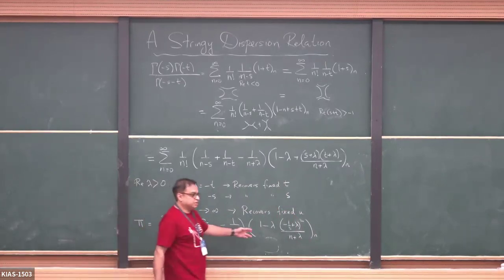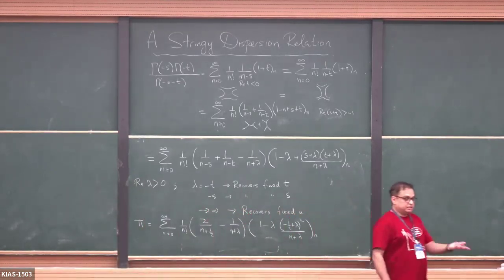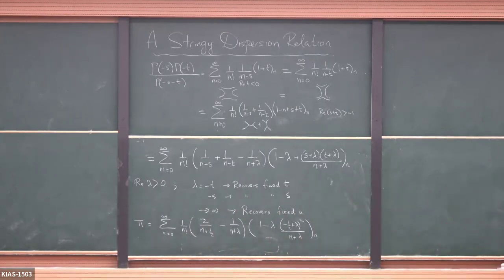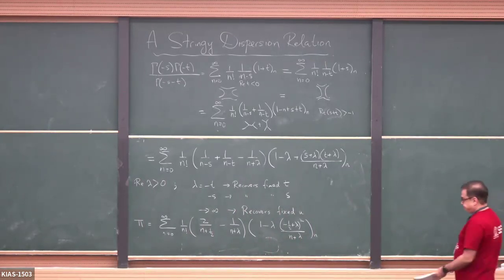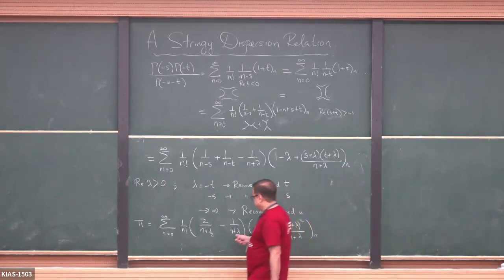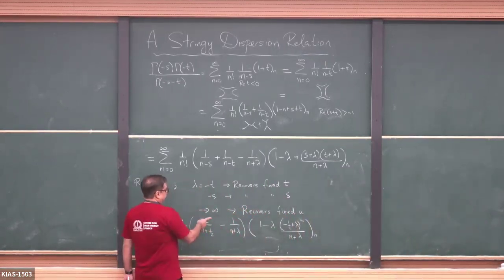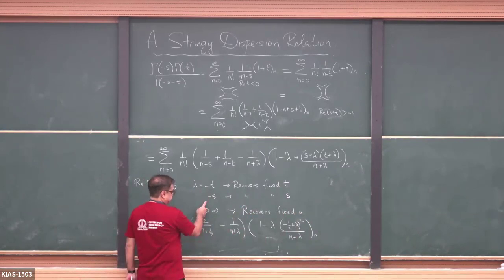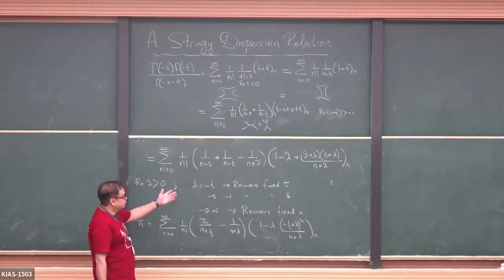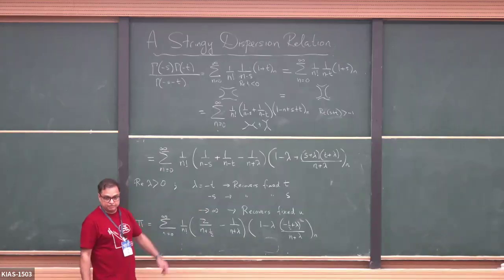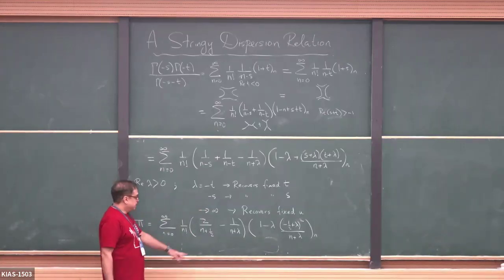But because lambda is a continuous parameter, hidden in this formula are an infinite number of formulas for pi. So in particular, if you consider these limits, then you get some well-known series formulas for pi. If you put that in Mathematica, it is able to do the infinite sum completely.